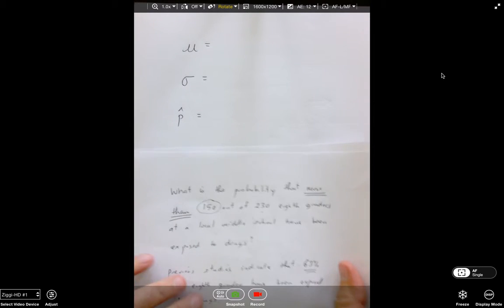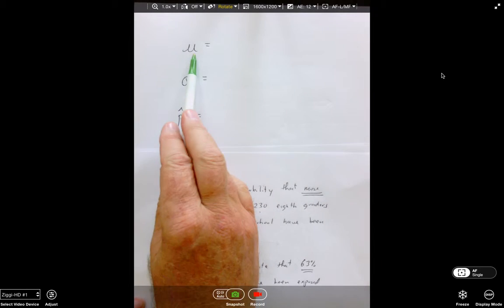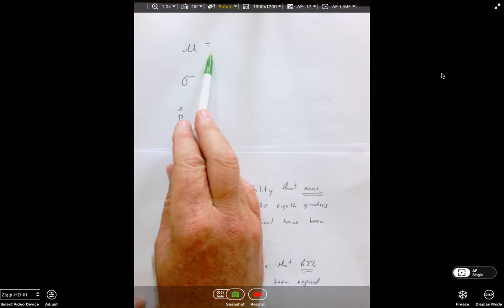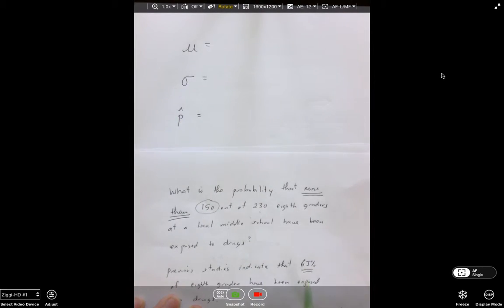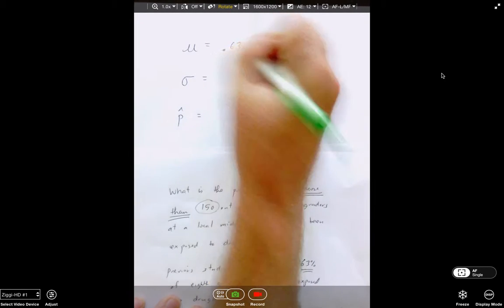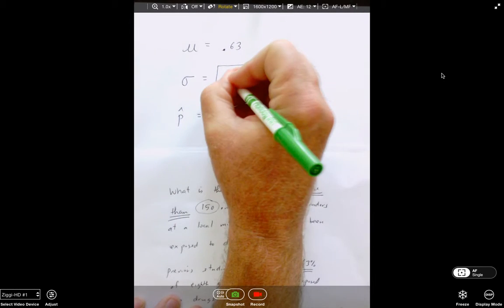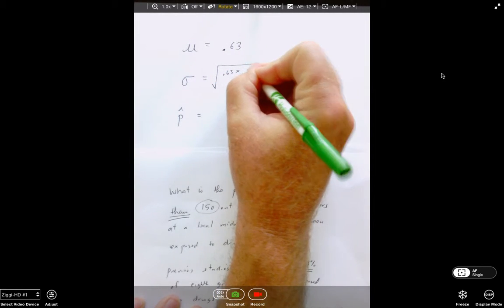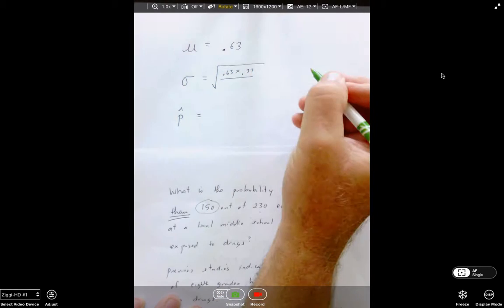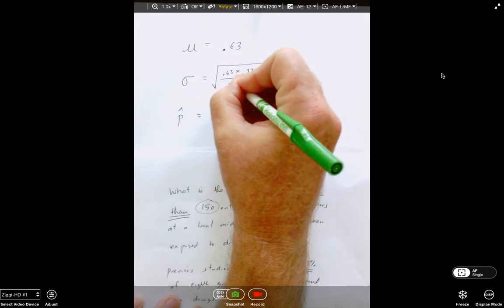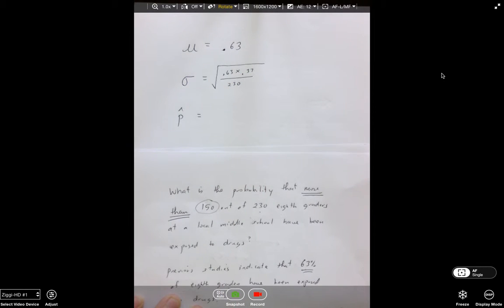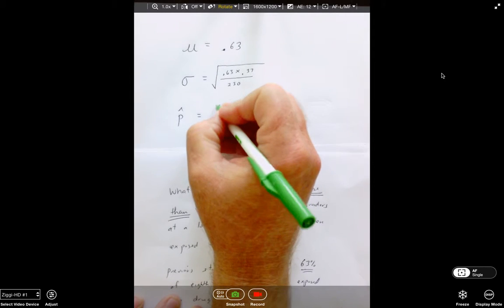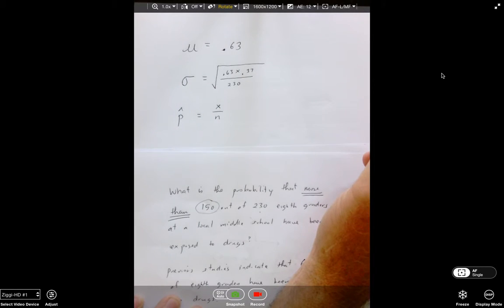Okay, let's go back to our problem. Mu is the percentage that describes the population because it's p. In this problem, that's 0.63. The standard deviation is the square root of 0.63 times 1 minus that, all over n, which is our total sample size. Well, guys, we've sampled 230 8th graders. P hat is the count out of the whole that has the characteristic that we are measuring.